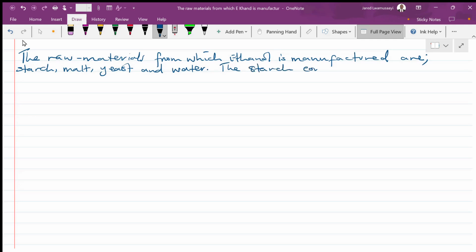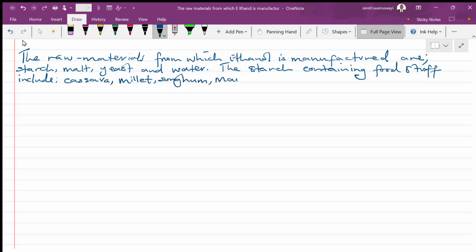The starch containing foodstuff include cassava, millet, sorghum, maize, and so on.